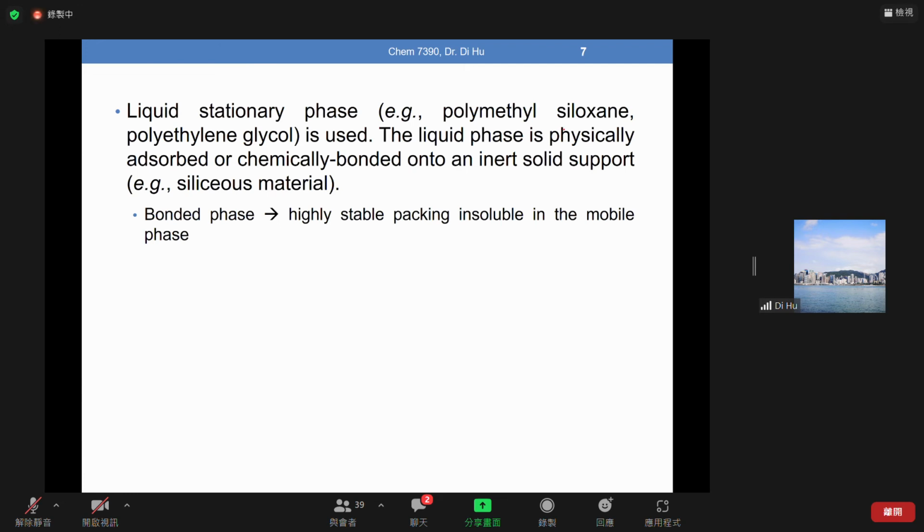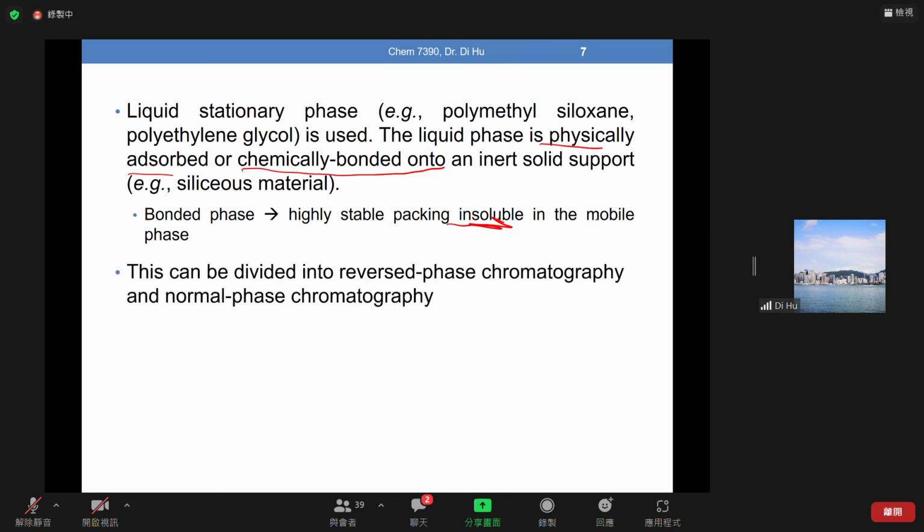At the very early stage, the liquid phase was physically adsorbed, but then it was found to have limitations, because if it's physically adsorbed you have to redo the stationary phase coating from time to time, which is quite inconvenient, right? So that's why later on chemically bonded stationary phases on the support were developed. A chemically bonded phase is a highly stable packing, and it should be insoluble in the mobile phase.